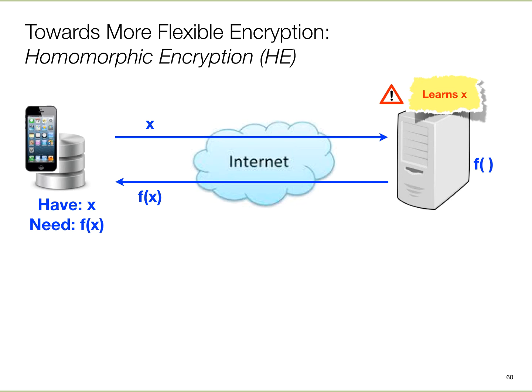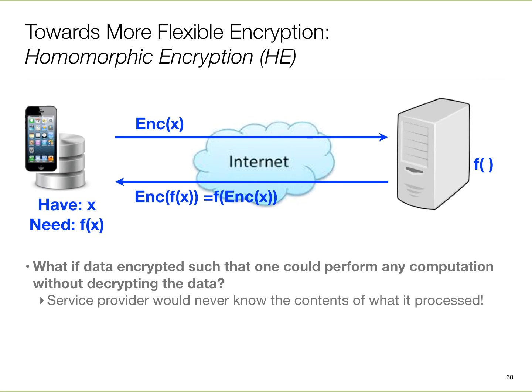That is where homomorphic encryption comes in. What I'm going to do is send encryption of X over, and this server will compute f over encryption of X. Let's say the function is cosine of X. The server will compute cosine of encrypted X, and what I get back is cosine of encrypted X. With homomorphic encryption, it turns out that cosine of encrypted X will be the same as encryption of cosine of X, and then I can decrypt it.